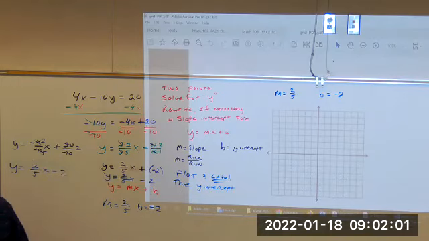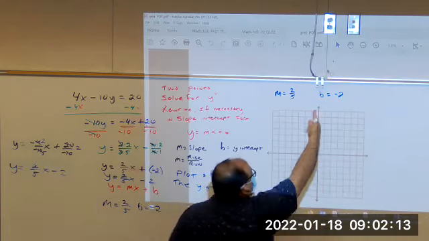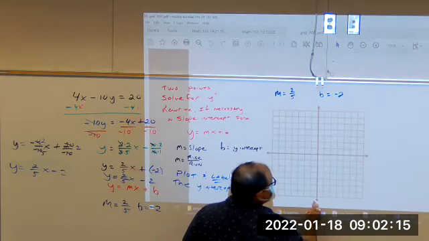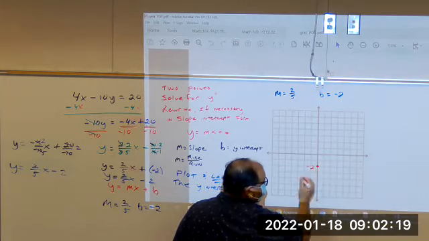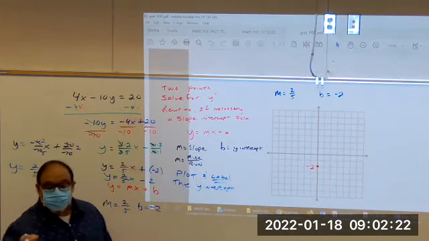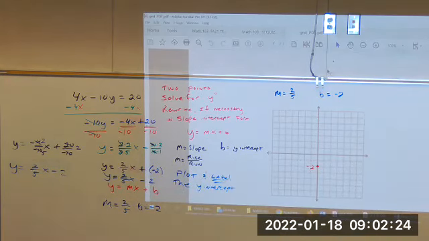Just label the points that you're drawing through. If it's on the X or the Y axis, if it's on one of the axes, on the Y axis, right here is -2. You can label it with just a single number.